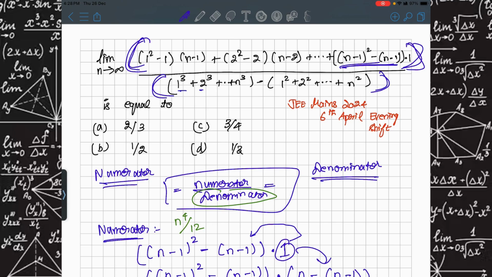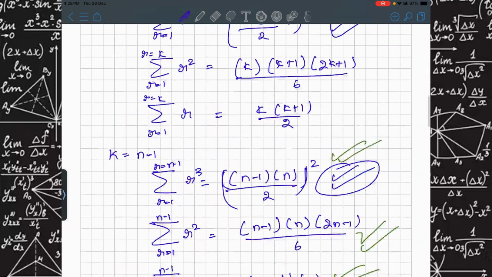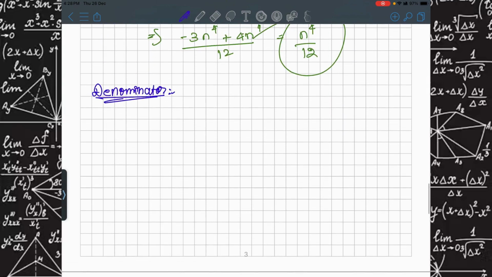So 1 cube, 2 cube, and then it goes to n cube, minus 1 square, 2 square, and it goes to n square, right? So 1 cube plus 2 cube plus it goes on to n cube, and then minus 1 square plus 2 square, and then goes on to n square.